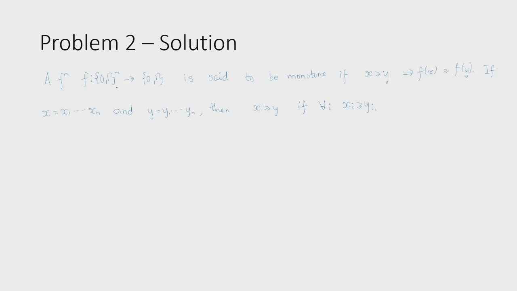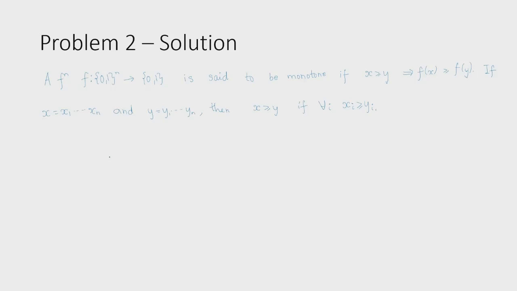So what this definition is saying is, if bitwise the string x is at least the string y, then it is not possible that f(x) is 0 but f(y) is 1. Is this definition okay? Okay, and we want to find the number of monotone Boolean functions from {0,1}^2 to {0,1}.